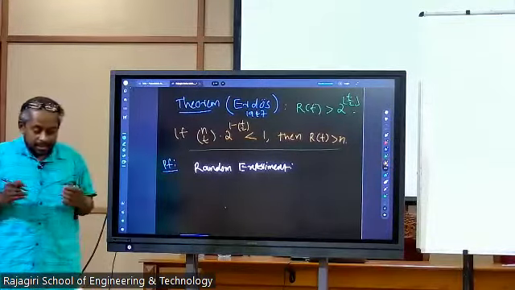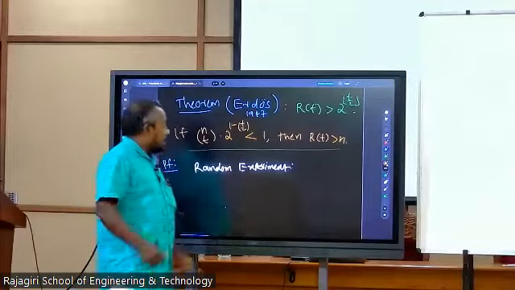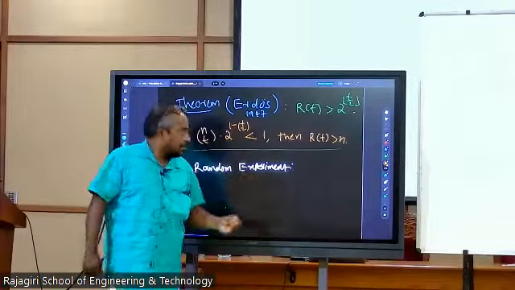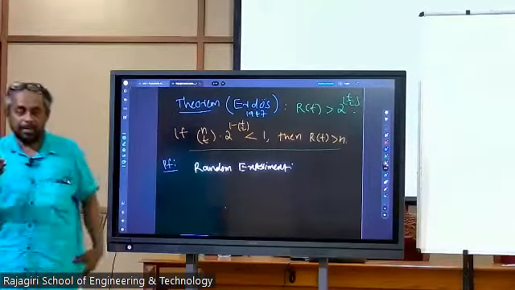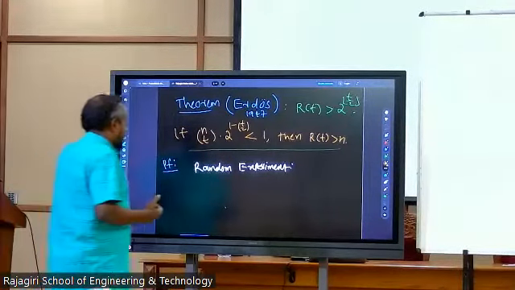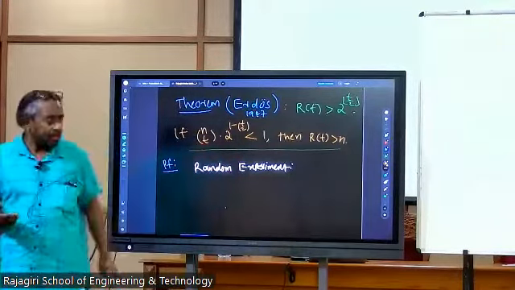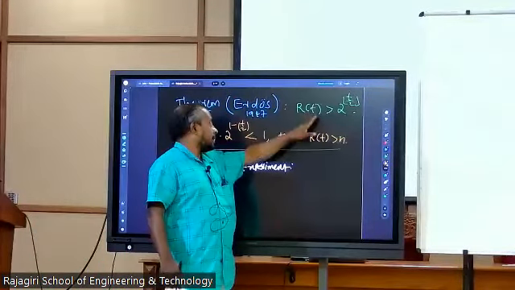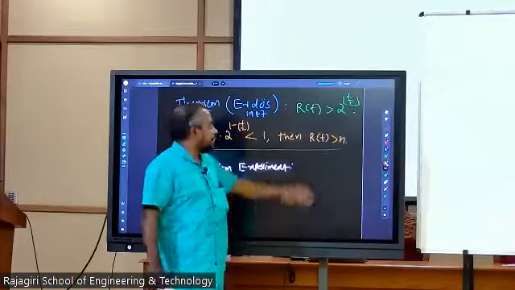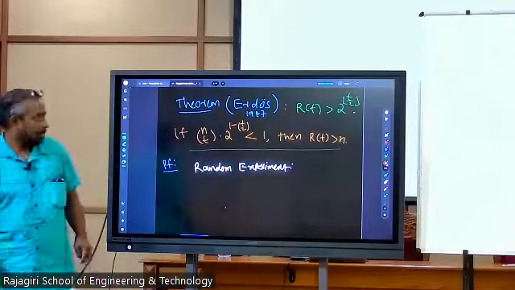So what Erdős did is that he actually proved that this Ramsey number is exponential, right? It grows exponentially with t. He showed that the Ramsey number Rt is strictly greater than 2 raised to t/2.